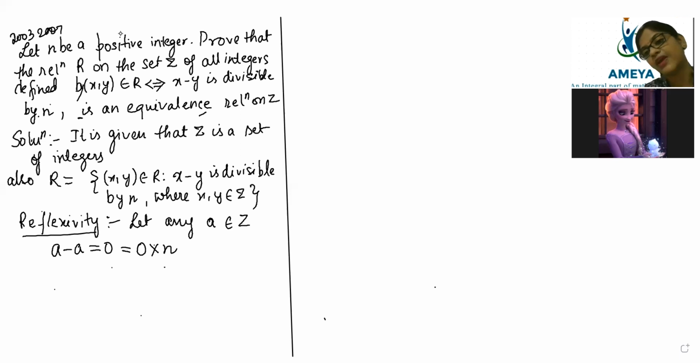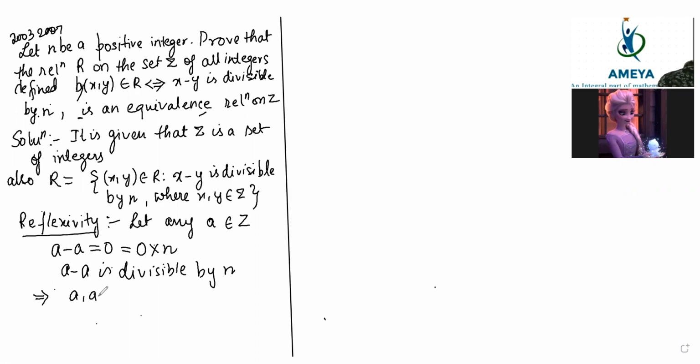So 0 can be divided by any number, so definitely any number's multiple is present inside 0. If I'm telling that 0 is divided by 4, then definitely 0 into 4 will be there, and it will come 0. Means any number can be a multiple of 0. That means any number can divide 0. So that means a minus a is divisible by n.